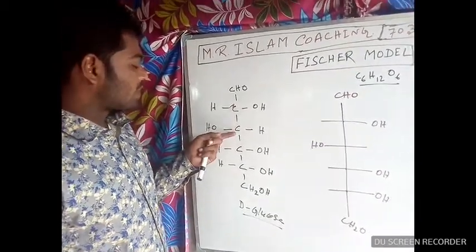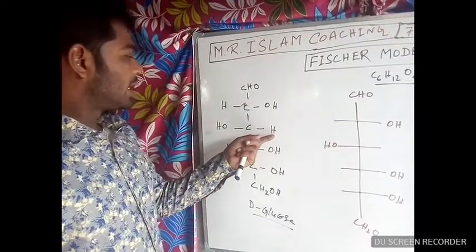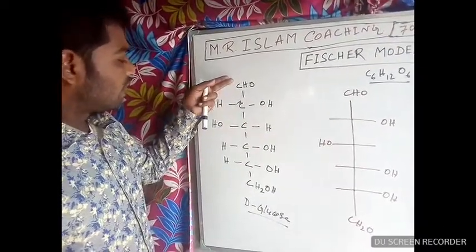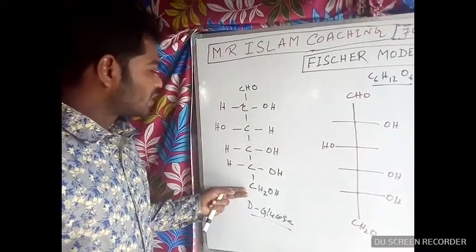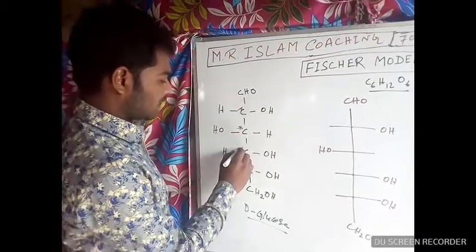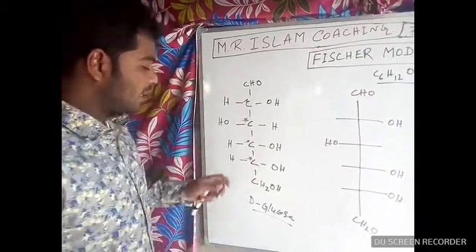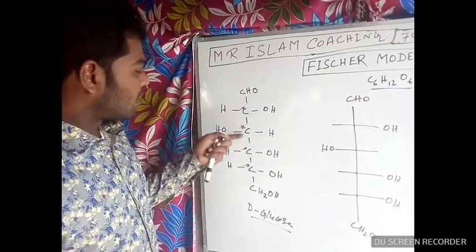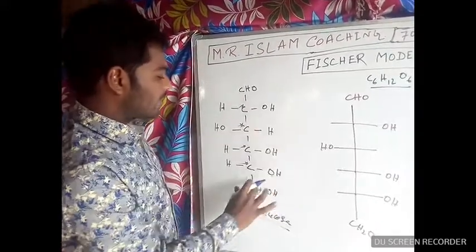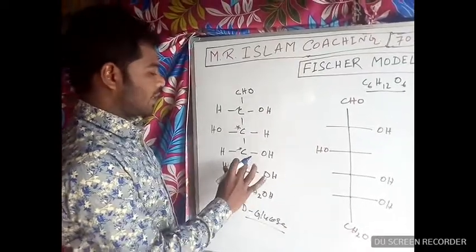The carbon has OH, H, the long functional group and the long functional group, so the carbon has chiral. The carbon has chiral because the carbon has 4 different functional groups.